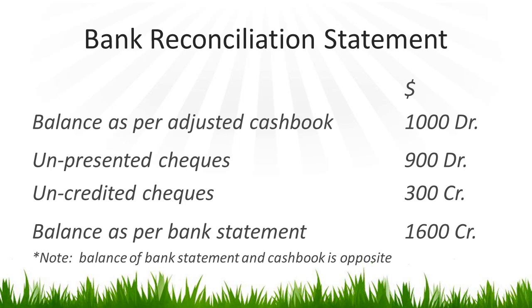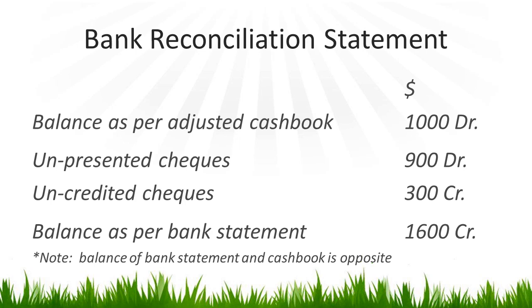So it means that there is more cash in the bank than there should have been. So unpresented checks are debit in nature for that very reason, because they have increased our asset.